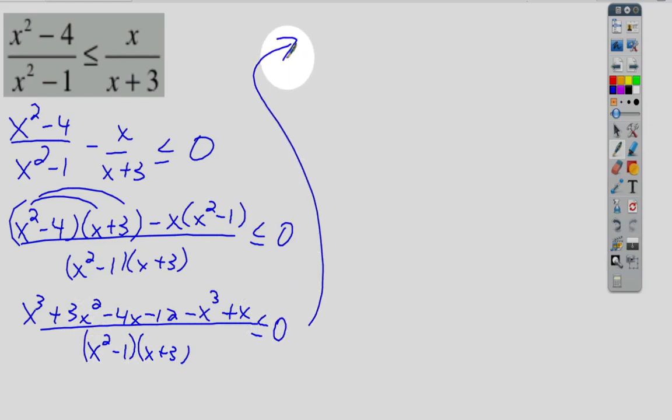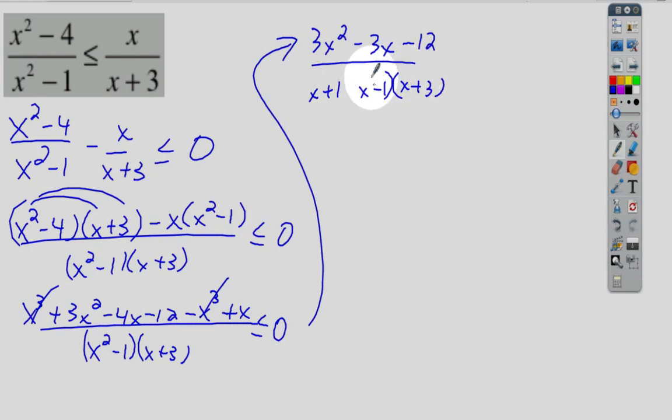And then the x cubes are going to cancel. You end up with 3x squared minus 3x minus 12 on the top, and x plus 1, x minus 1, x plus 3 on the denominator.